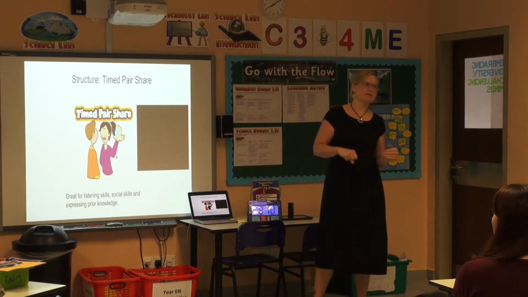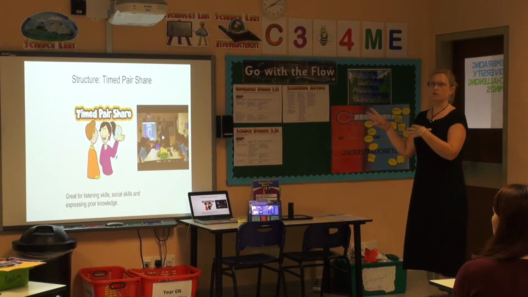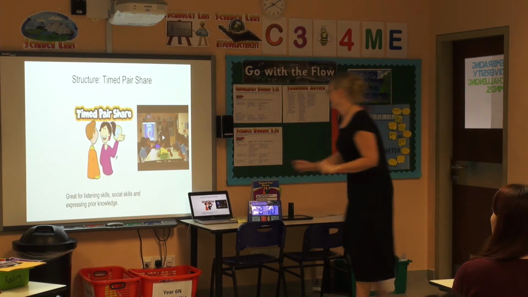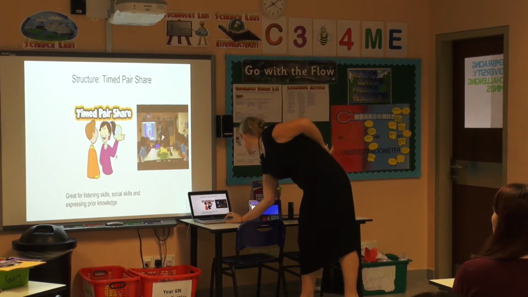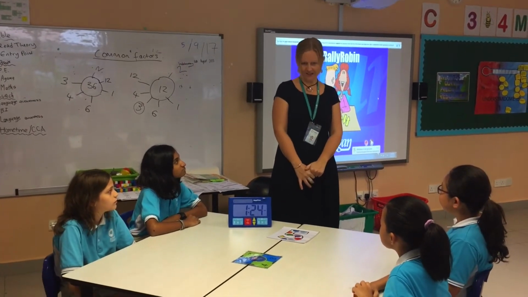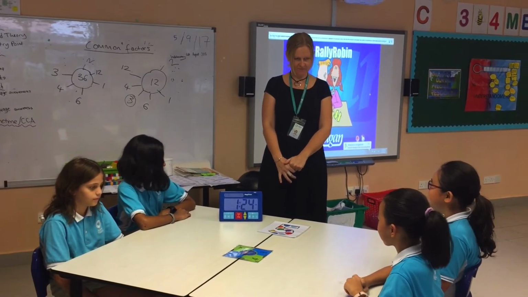Again, reflecting on last time's session, I think it would be good to show you the structure in action so you can see how it's done, and then you'll have a chance to do it. We're now going to do a structure called Rally Robin. I'm going to give you think time.